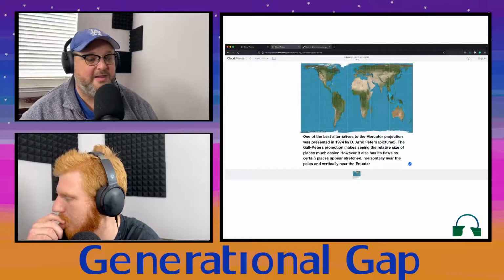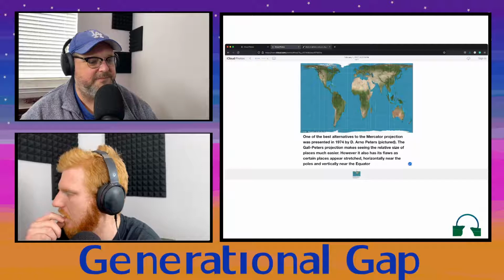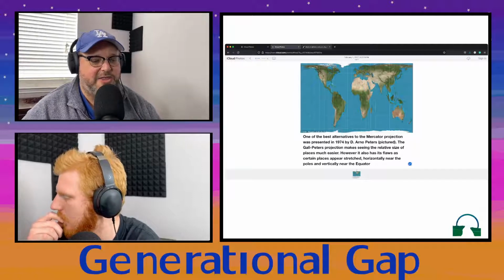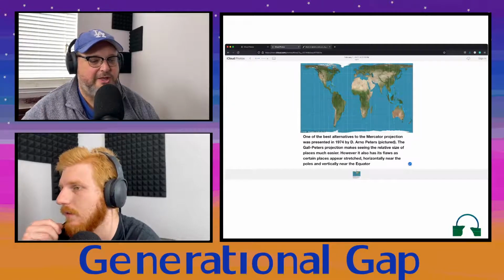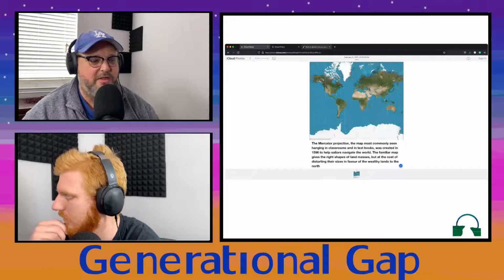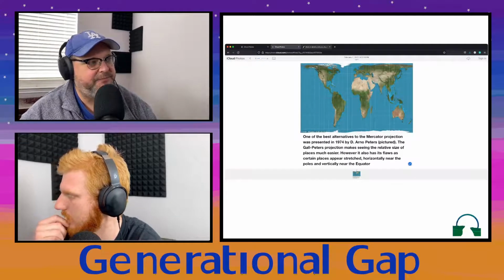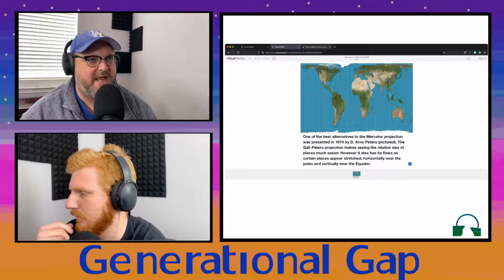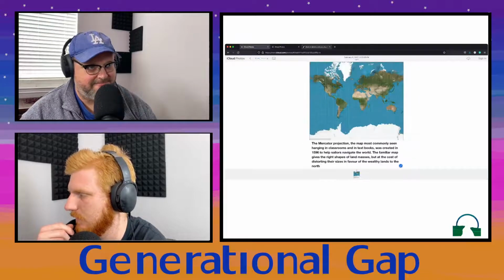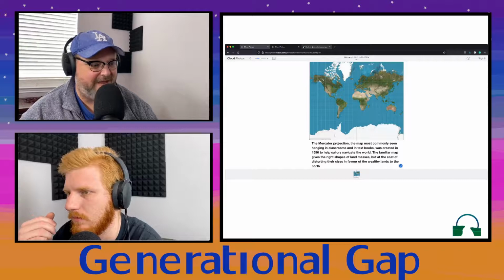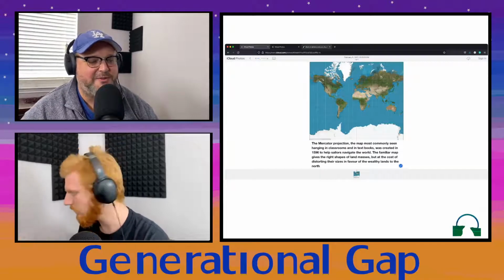All in reality. The distortion is a result of the Mercator projection, the map most commonly seen hanging in classrooms and in textbooks, which was created in 1596 to help sailors navigate the world. The biggest challenge is that it is impossible to portray the reality of a spherical world on a flat map. A problem that has haunted cartographers for centuries.